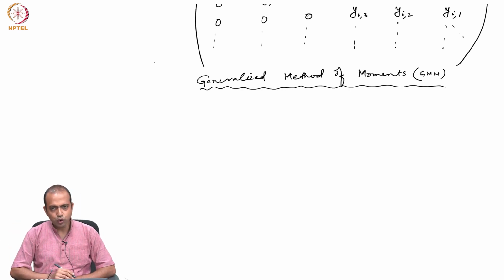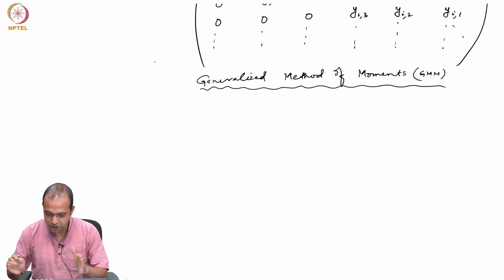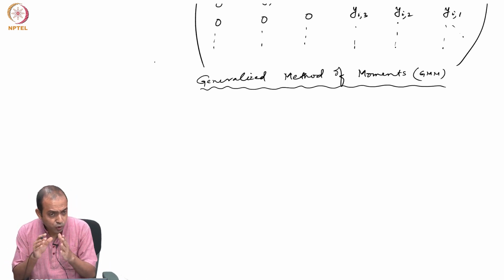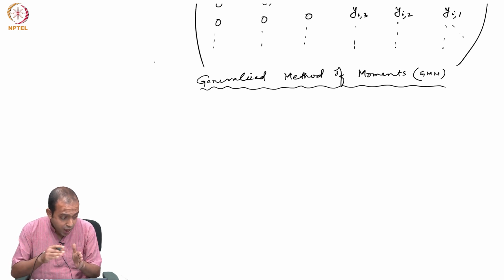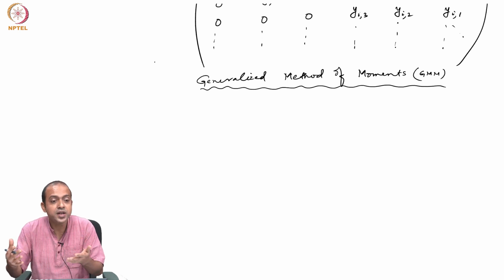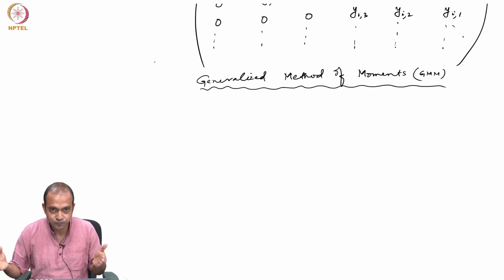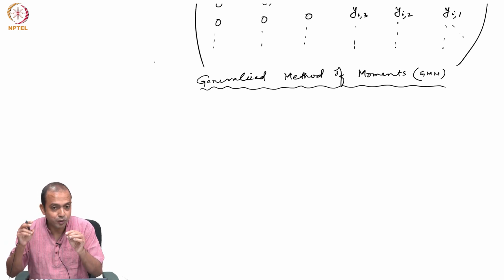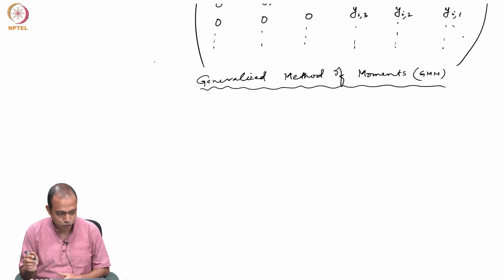Now, before we go and discuss GMM, let us go back once again to our ordinary least squares method, and we will show that OLS is also a method of moments estimator, right. The OLS estimator that we got, we can derive from the method of moments approach also.